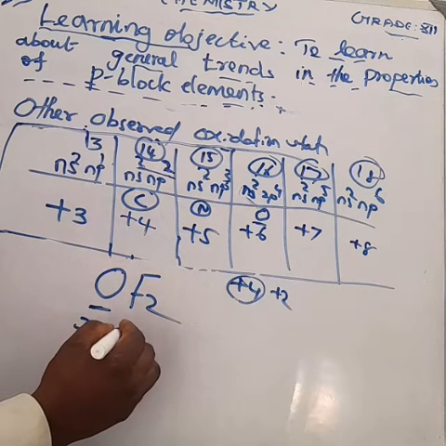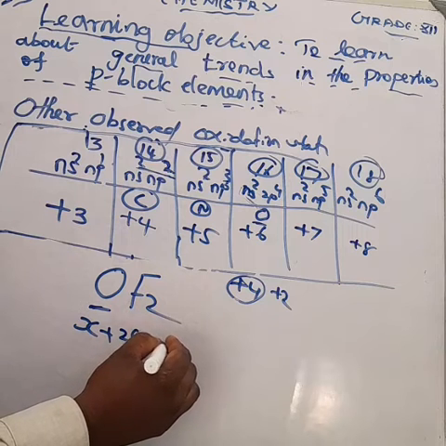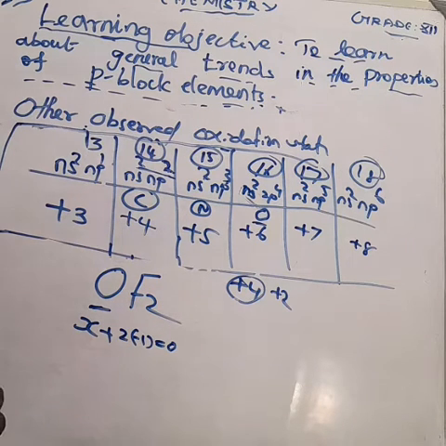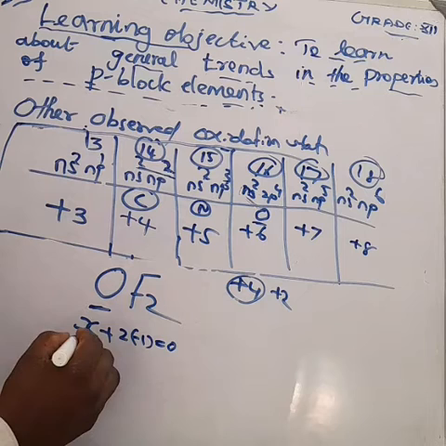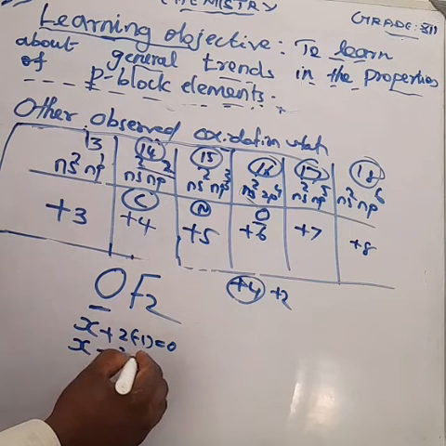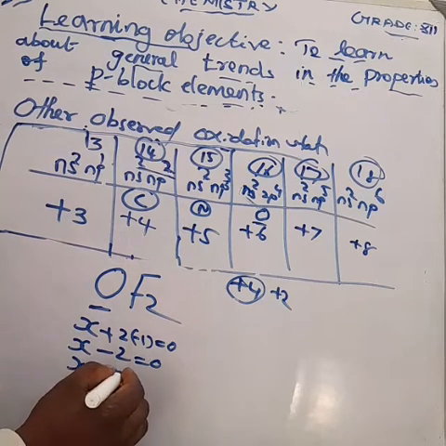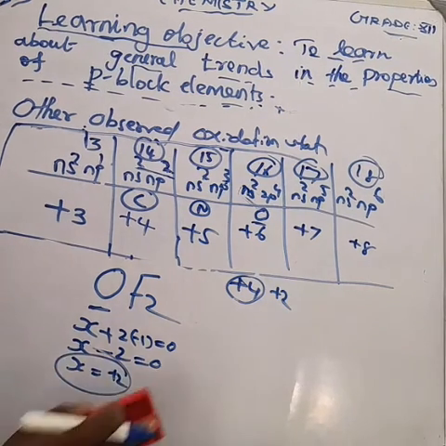Minus 1 charge. How much fluorine is there? 2 fluorine. So X plus 2 into minus 1 equals 0. Am I right? So X minus 2 equals 0. X is equal to plus 2. Can you understand, my dear children?